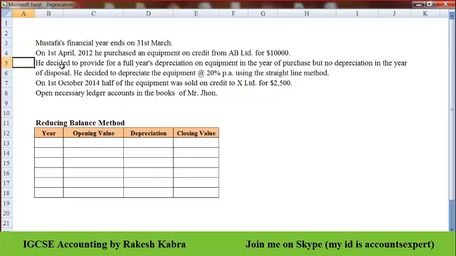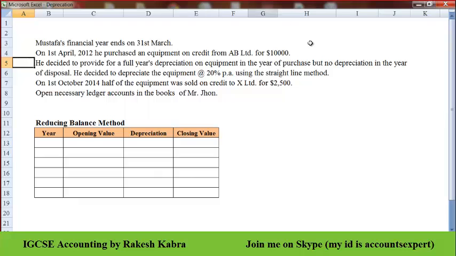Now see, he decided to provide for a full year's depreciation on equipment in the year of purchase. It means the year in which he bought that equipment, in that year he will charge a whole year's depreciation.